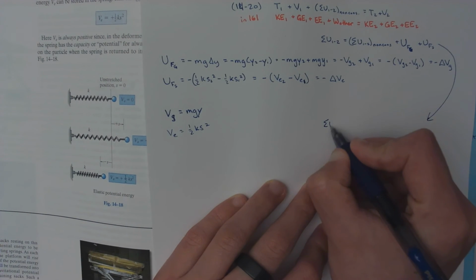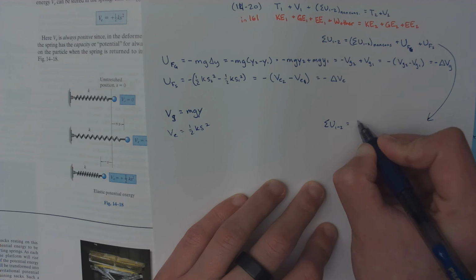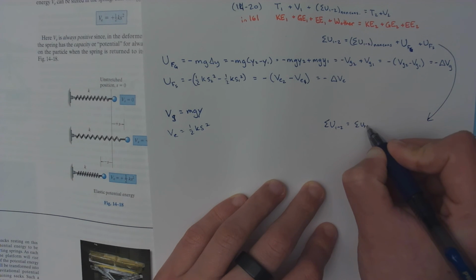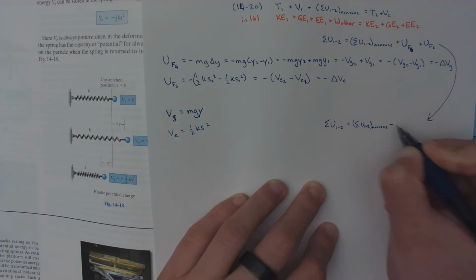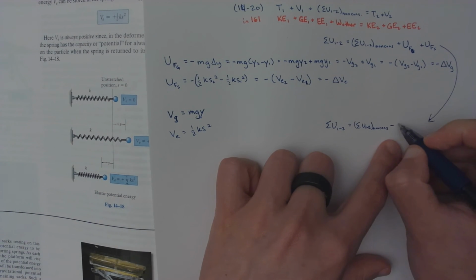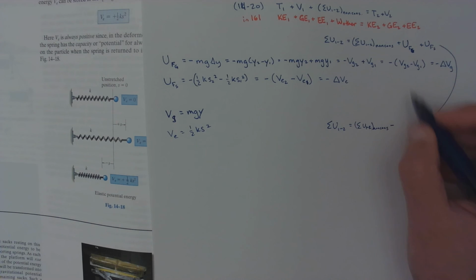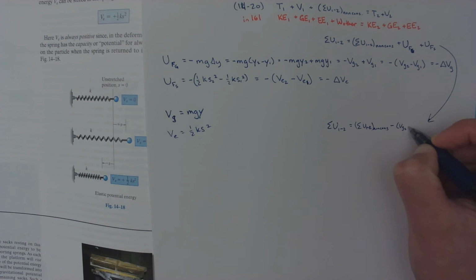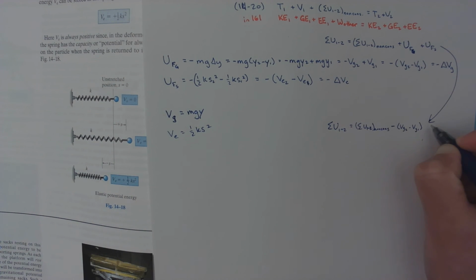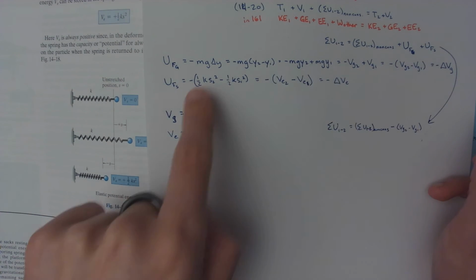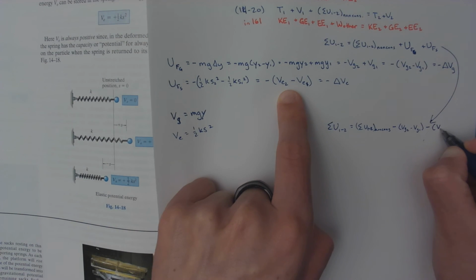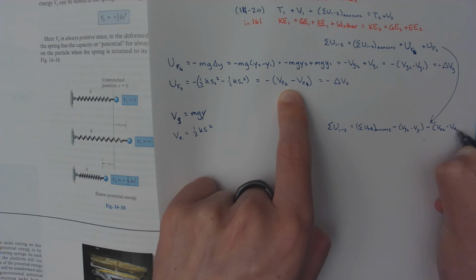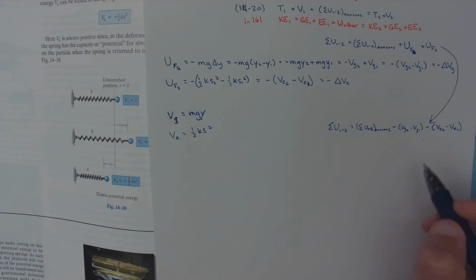We would get the total work equal to the sum of the work done by non-conservative forces minus the change in gravitational potential energy, and then plus the work done by the force of the spring, which would be the change in elastic potential energy.